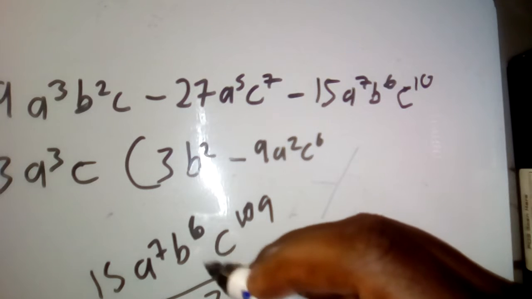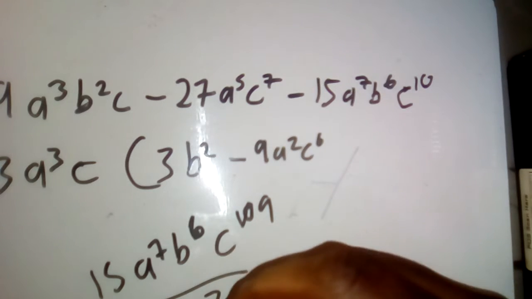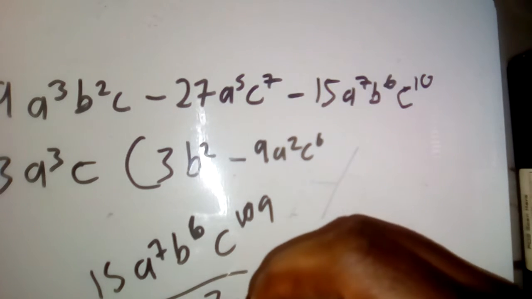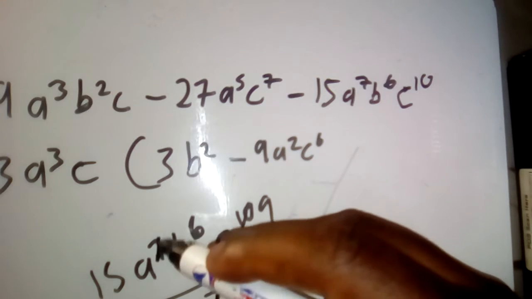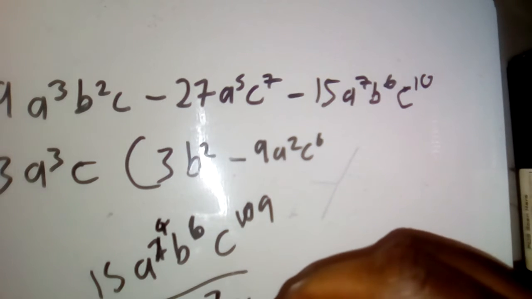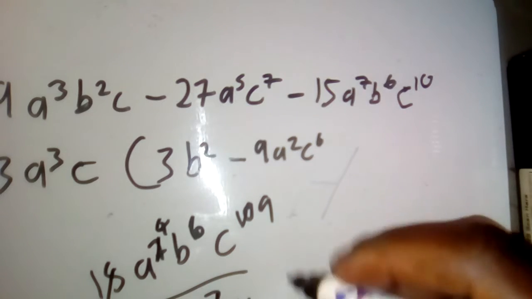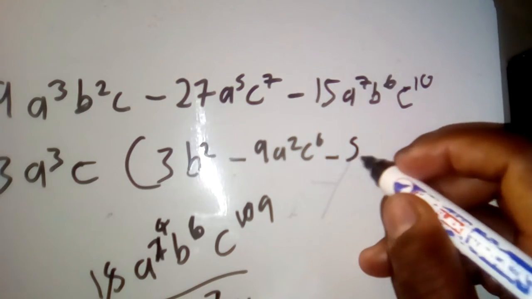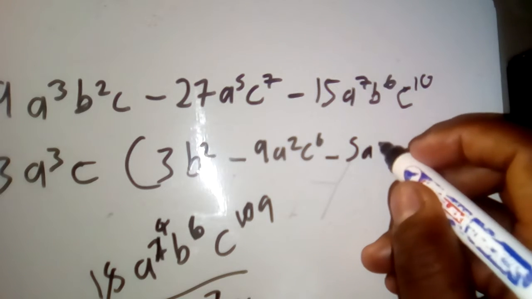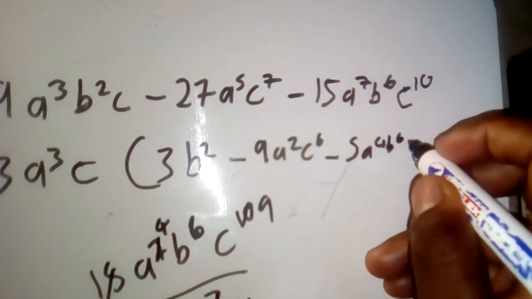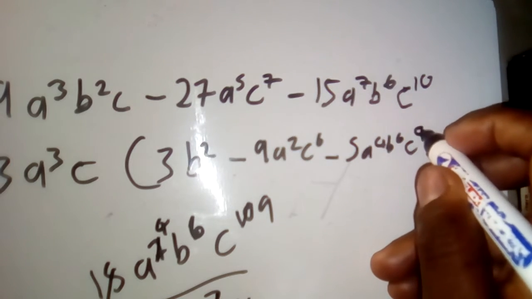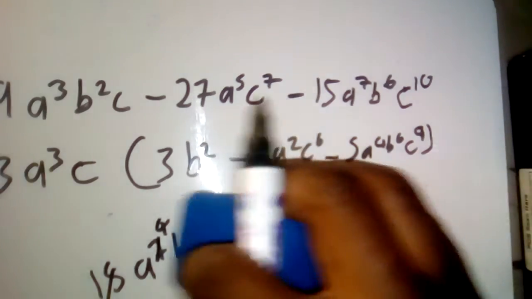And now there's nothing to divide b, so b remains. Then a to the power of 7 divided by a cubed is a to the power of 4, because 7 minus 3 is 4. Then 15 divided by 3 is 5. So we have 5a to the power of 4, b to the power of 6, c to the power of 9. And there we have it.